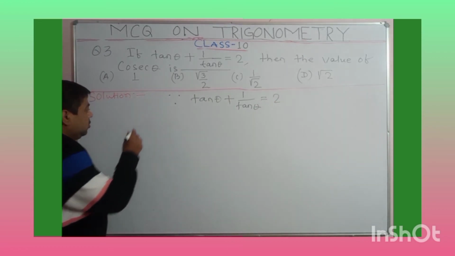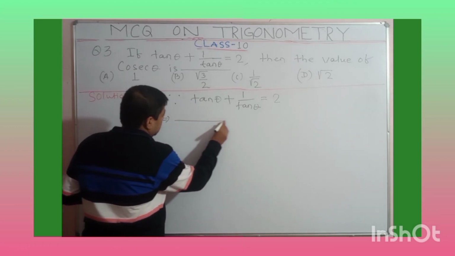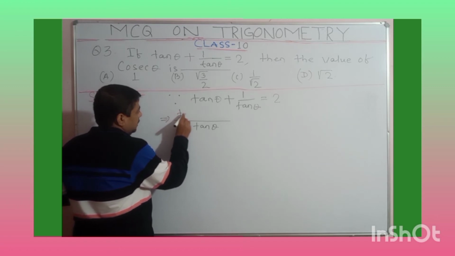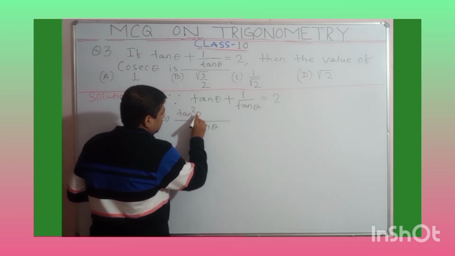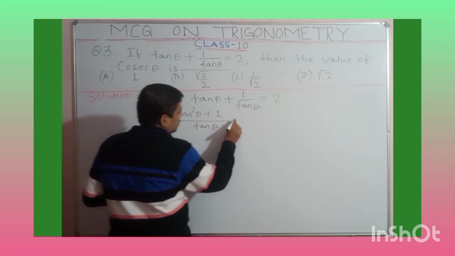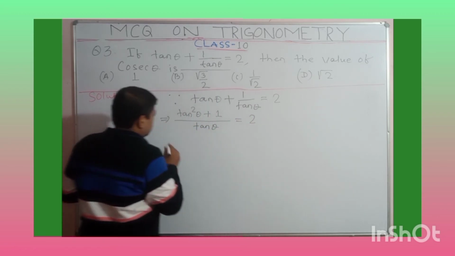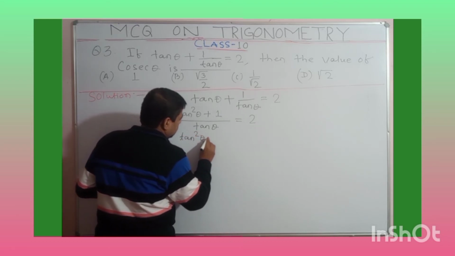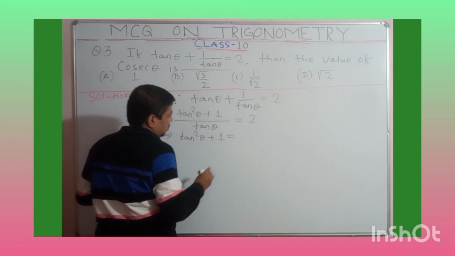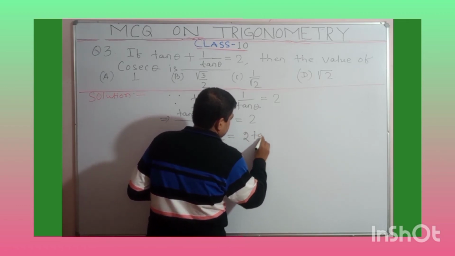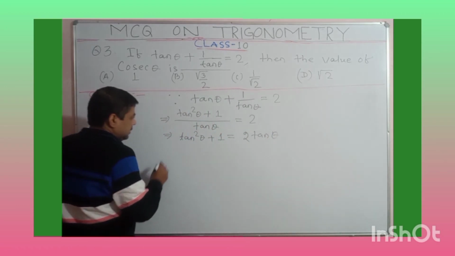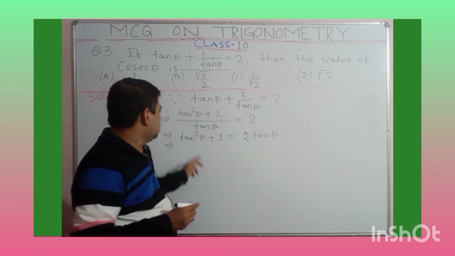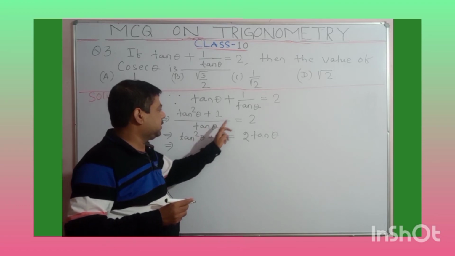Understand? So you take the LCM, tan theta and tan theta. It will be tan square theta plus 1 upon tan theta, which is equal to 2. So that implies tan square theta plus 1 is equal to 2 tan theta, as this tan theta is transferred to the right side.